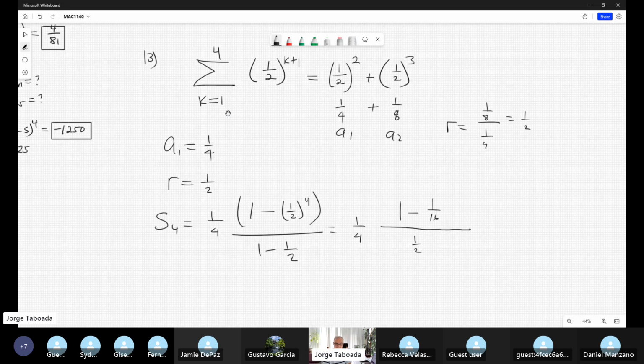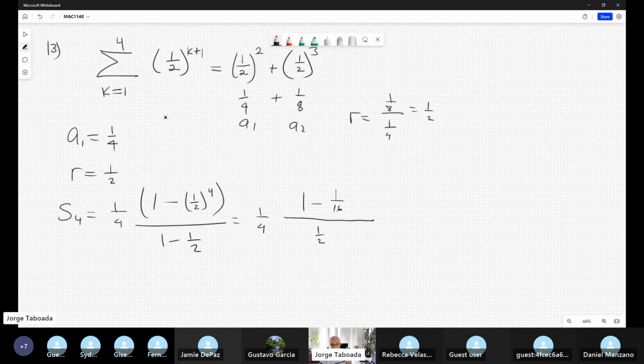Now let me do it according to the order of operations. With the common denominator 16, 16 minus 1 is 15. So 1 over 4 times 15 over 16 divided by 1/2.